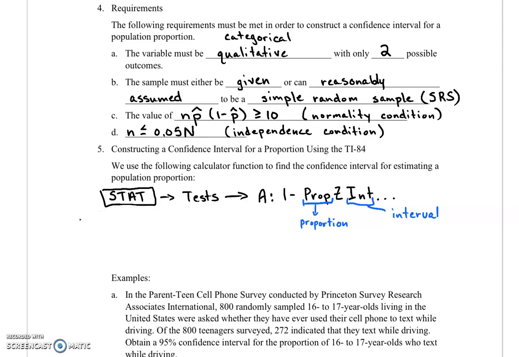And this takes 3 things to be input. It takes x, which is the number of individuals who have that characteristic, whatever it is we're talking about.